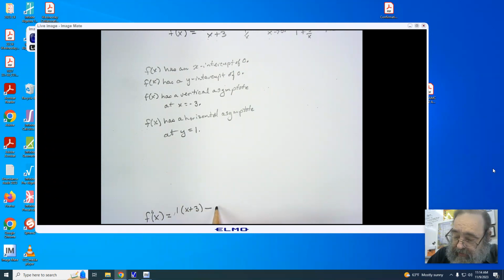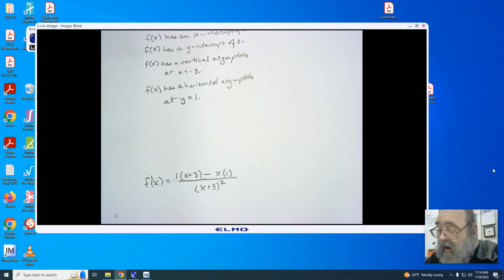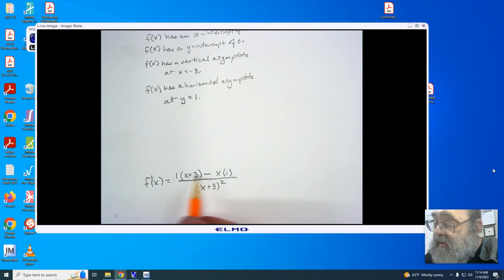Then I subtract x times the derivative of x plus 3, which is 1. It is all over the denominator squared, and that's x plus 3 squared. I'm now going to simplify this so that I have x minus x, which gives me 3 divided by x plus 3, the quantity squared. So this right here is my first derivative.